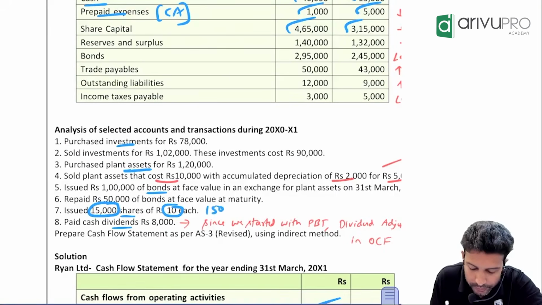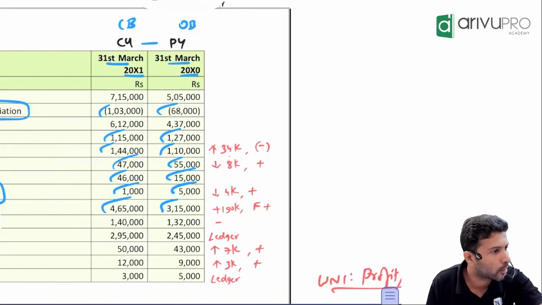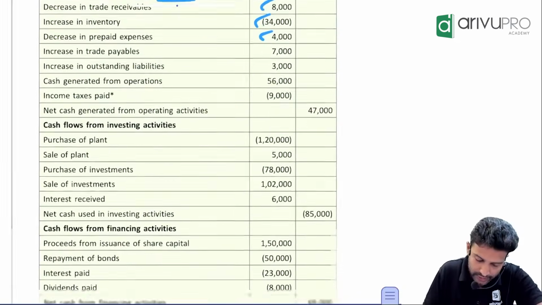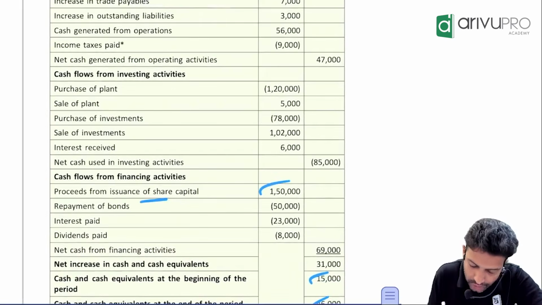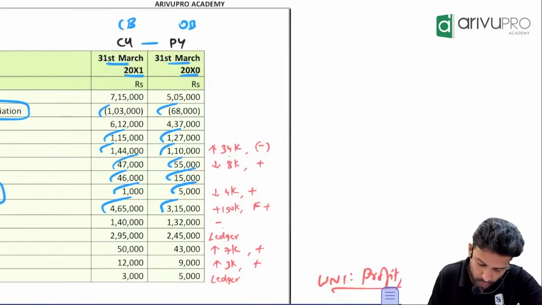So how much money? 1,50,000. Adjustment also done, component also figured out. Issue of shares and money received. What activity? Financing activity. Negative or positive? Under financing activity, issue of shares 1,50,000 plus.